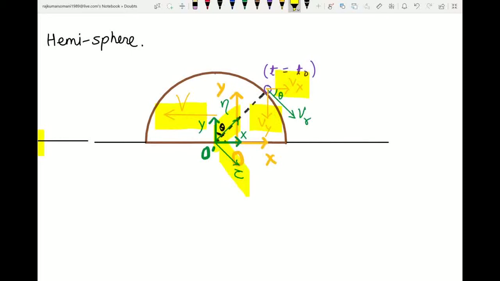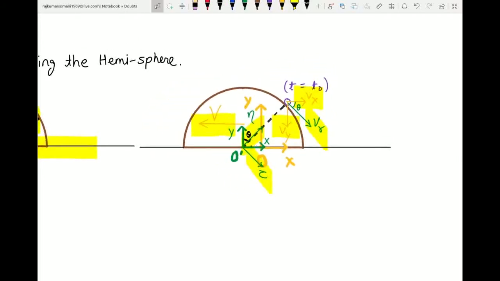The velocity of the particle mass in the green frame of reference will obviously be tangential to the surface of the hemisphere, and that is considered as Vr. There will be zero velocity of the hemisphere with respect to the hemisphere, so I have not considered that. So these are all the variables. Now by looking at this figure, there are too many variables, so we require too many equations to solve for these many variables.